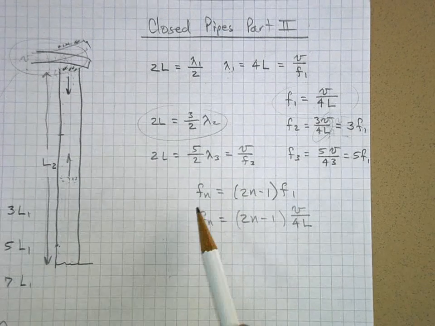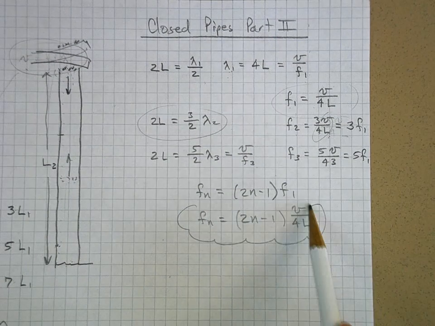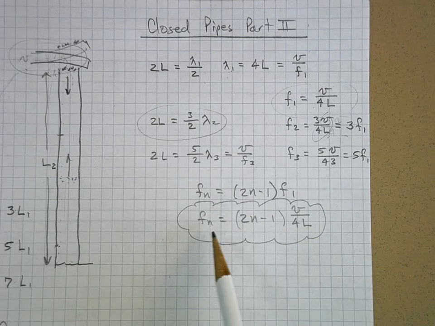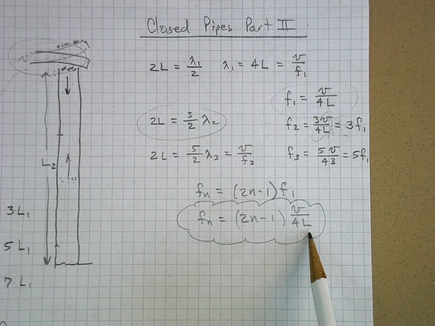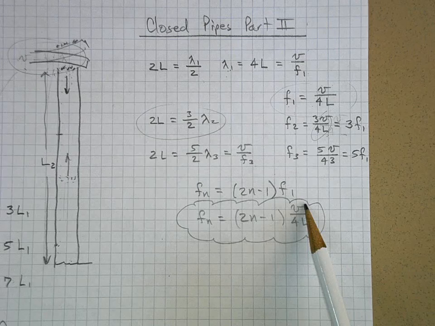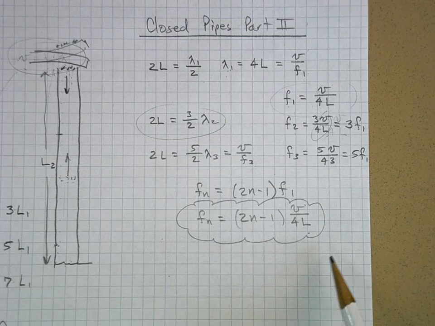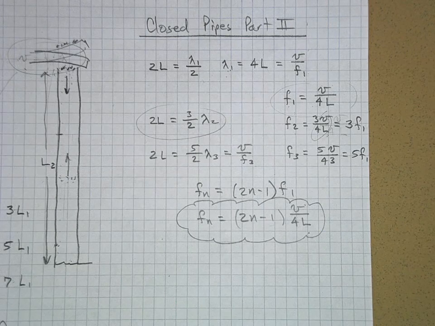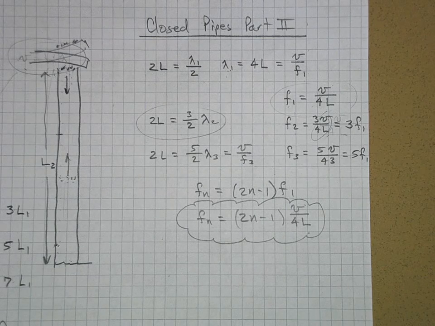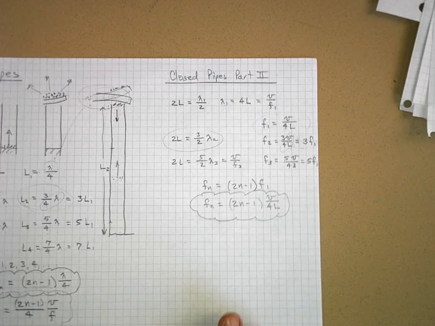So here is the equation that we would use. If I know the length of my closed pipe, and I know the speed of sound, I can use this equation to find all the frequencies that will resonate in that closed pipe. Now this makes sense, because let's zoom all the way out so we can see the whole paper here.